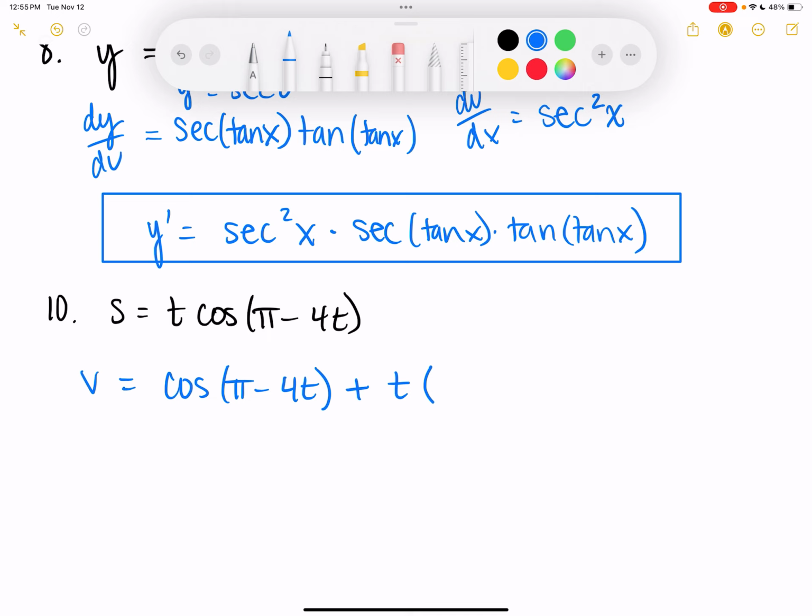Yes, negative 4. So negative 4 times, what is the derivative of cosine? Negative sine. So since this was negative and that's negative, we can make this a positive, and then it's the sine of pi minus 4t.